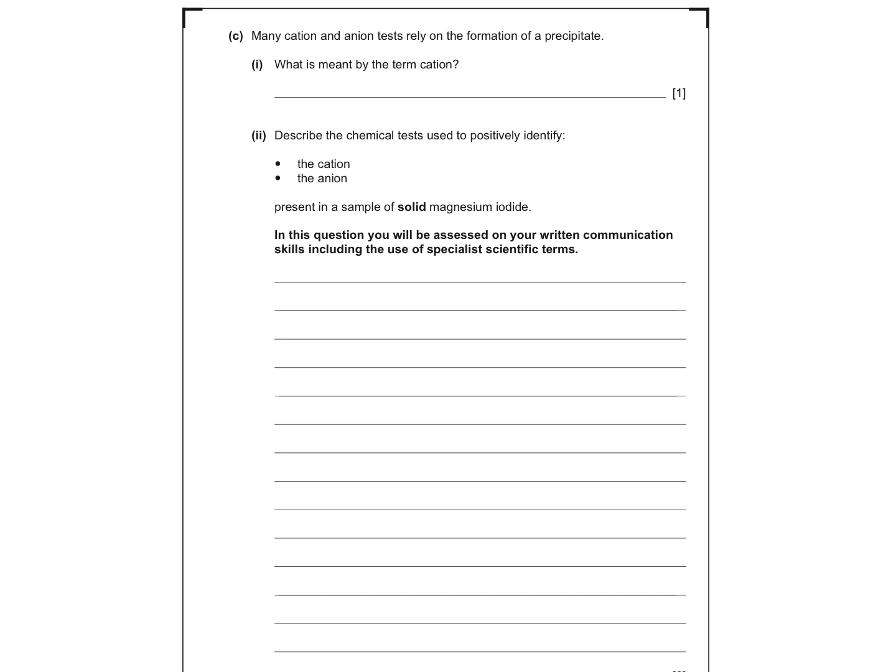Part C, a cation is a positive ion, and metals form cations by losing electrons. Okay, the chemical tests used to identify the cation, which is the positive ion, and the anion, which is the negative ion formed from the non-metal, in solid magnesium iodide.